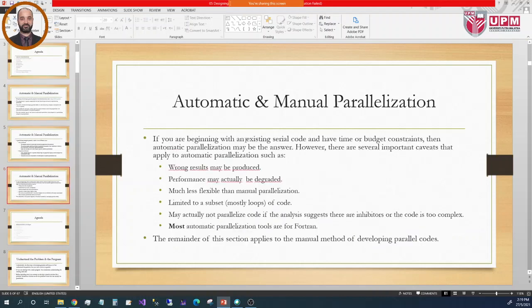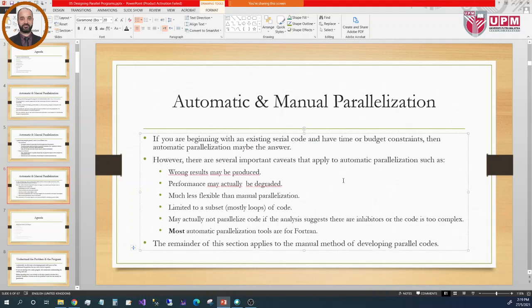So if you are beginning with an existing serial code and have time or budget constraints, then automatic parallelization may be the answer. It may be better to use automatic parallelization if you don't have time or budget to make it parallel.